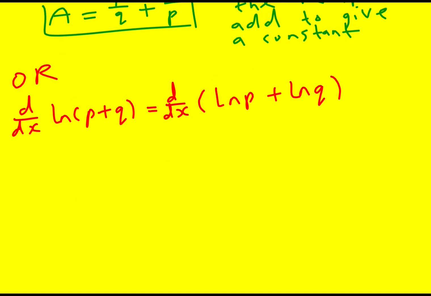So if we differentiate the left-hand side, well, we differentiate what's inside the bracket, we're going to get P dash plus Q dash all over P plus Q.